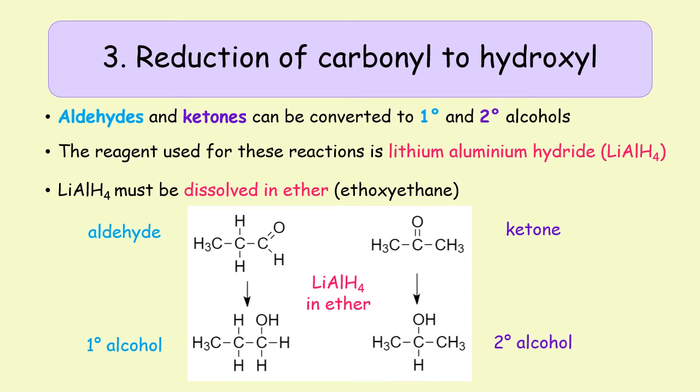And so the carbonyl group forms an OH, and the carbon, which was part of the carbonyl group, will also gain another hydrogen. So when you do reduction reactions, you will see the gram formula mass increase by 2 because you will have gained 2 hydrogen atoms.